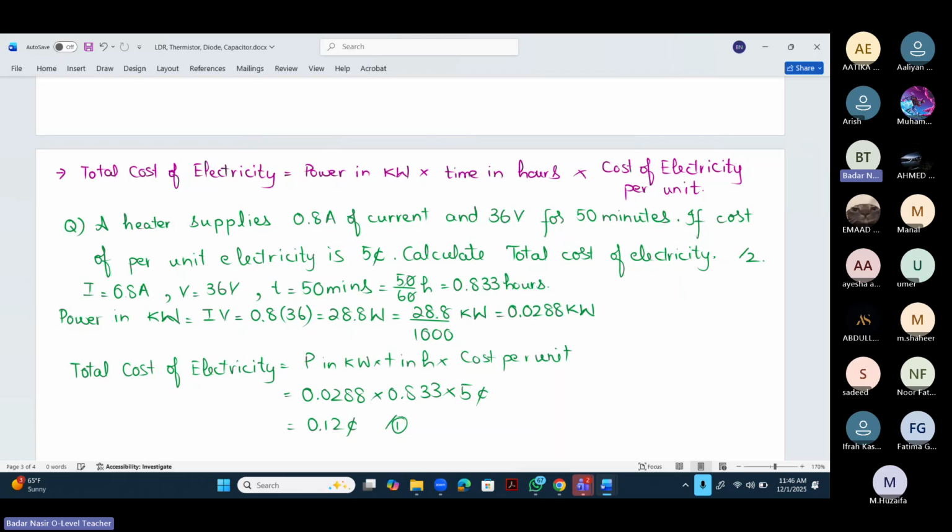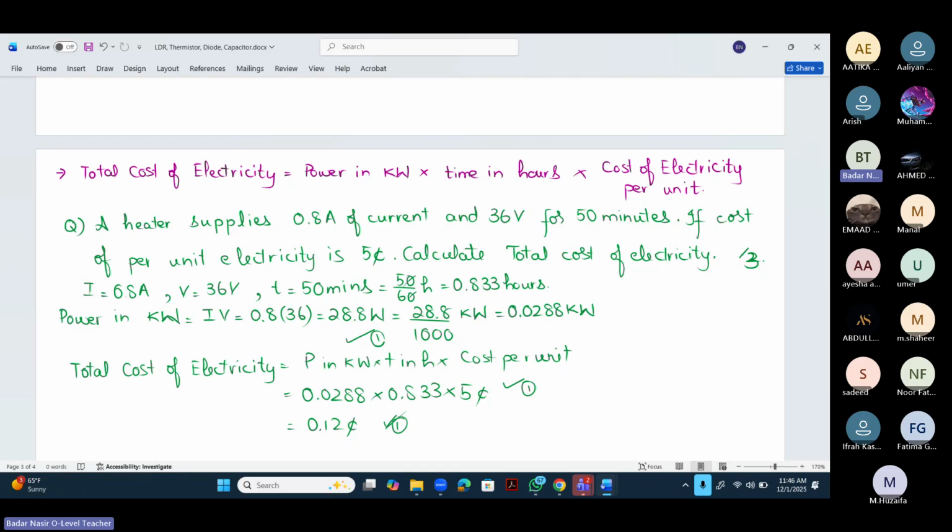This is going to be for 3 marks actually. 1 mark is that you calculated the power using its formula P is equals to IV. 1 mark for the absolute answer, and 1 mark that you multiply the power in kilowatt with time in hours with cost per unit. Okay? So this is how we calculate the total cost.